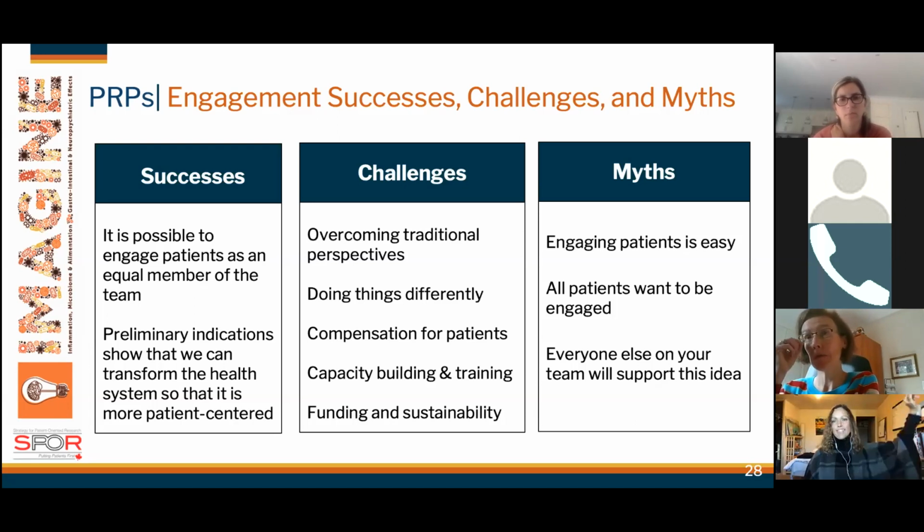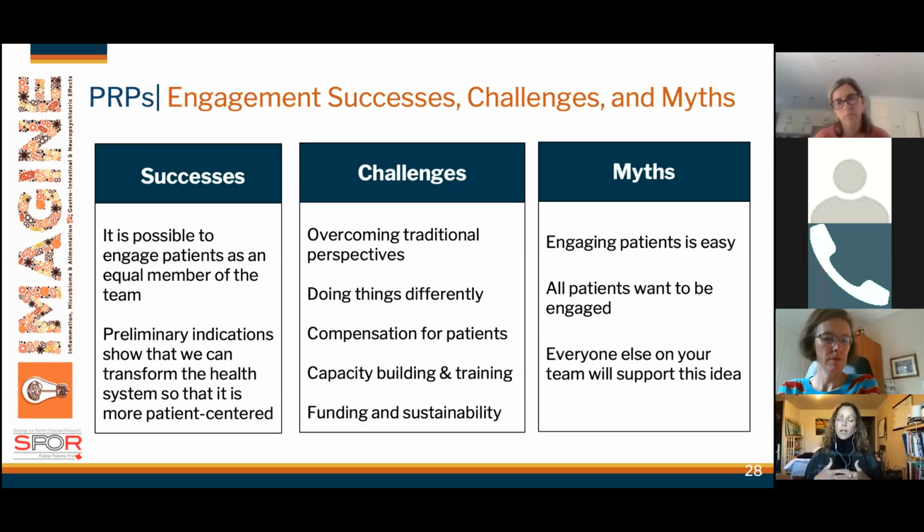Compensation can really basically create a more equitable space and remove barriers for people to participate or to be partners in research. Without compensation, there's the risk that we have the usual suspects, so to speak, where perhaps people that are retired and have the means and the time to be able to contribute their time.